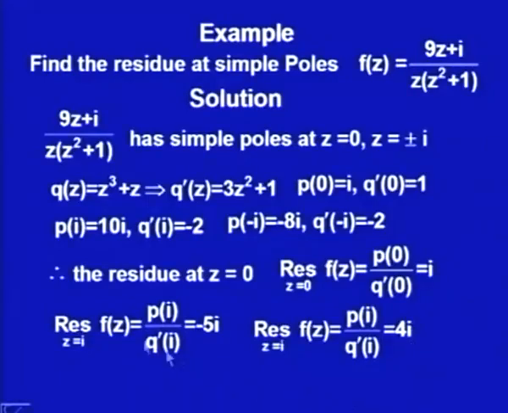So we have calculated the residue without really expanding this function or finding any kind of expansions and worrying about what will happen. We just found the residue at all the singular points.